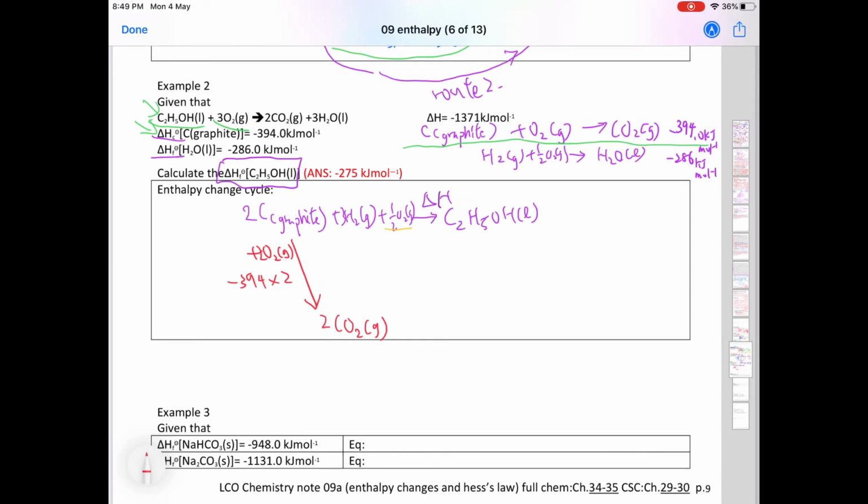And for the rest of the species, that is the 3 H2 gas and also the 0.5 O2, they haven't been used. Can you see the idea?